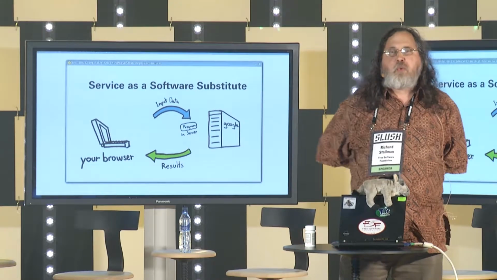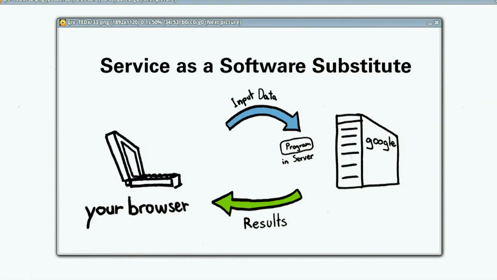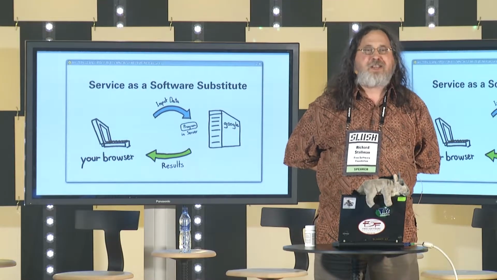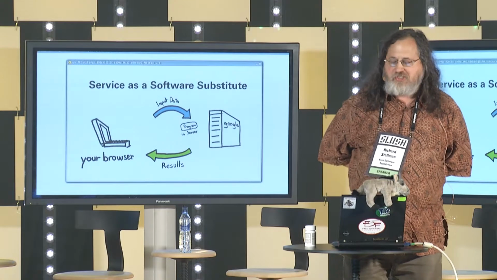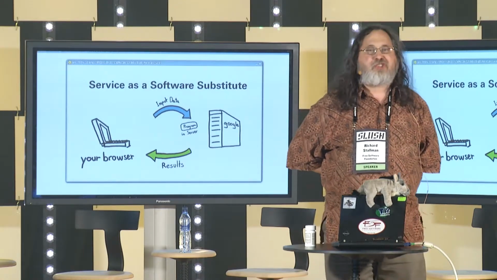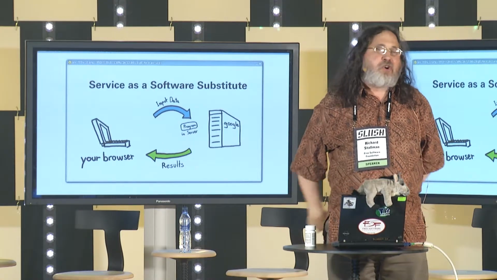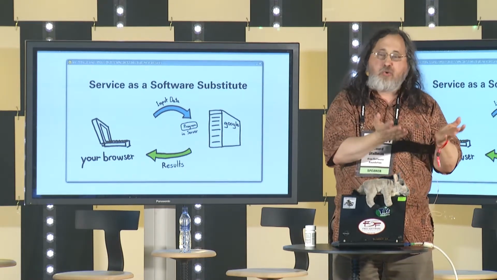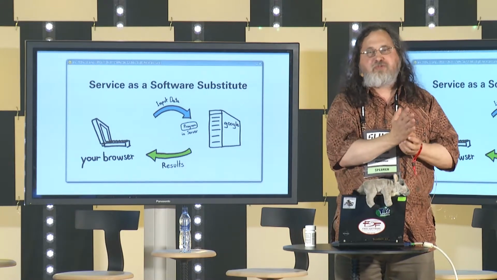Now, another way you can lose your control of your computing, which is equivalent to running a non-free program, is if you send your computing to someone else's computer and it gets done there. This is SaaS, Service as a Software Substitute, because it's a service that does a job that in principle you could do by running a program yourself.